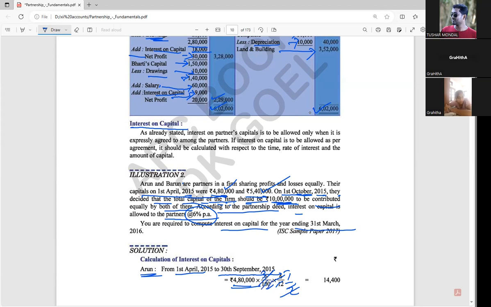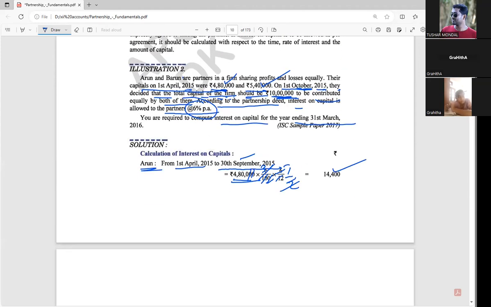Here 0, 0, and 3 into 48. Do that. Any doubt up to this? Bharti, any doubt up to this? No, sir. So up to September 30th, we have already calculated interest on capital for Arun.